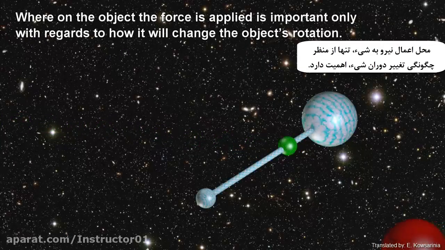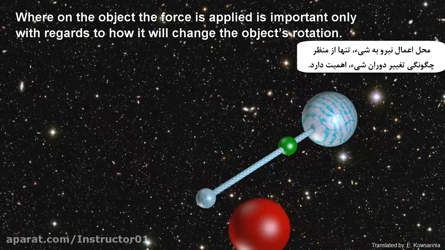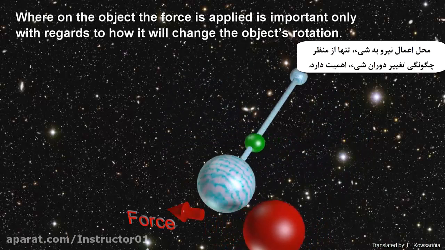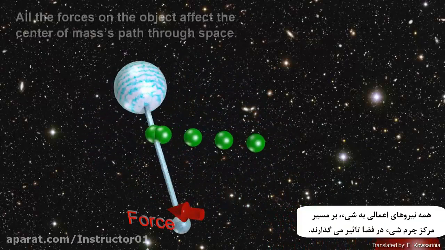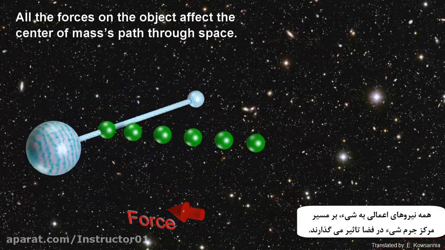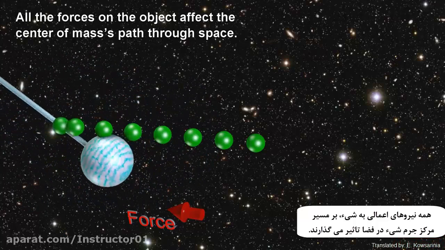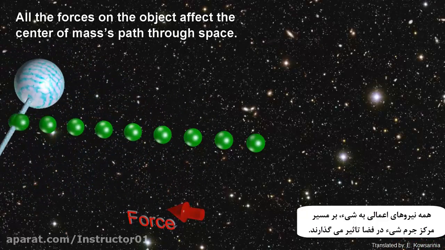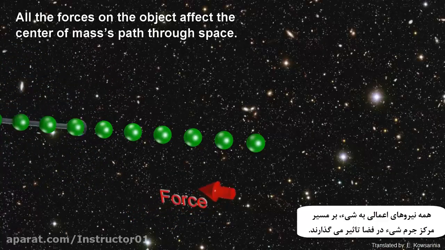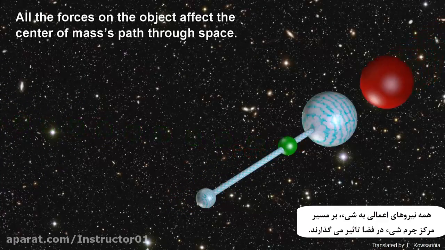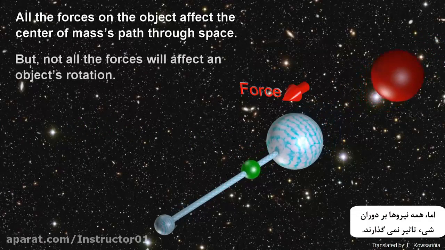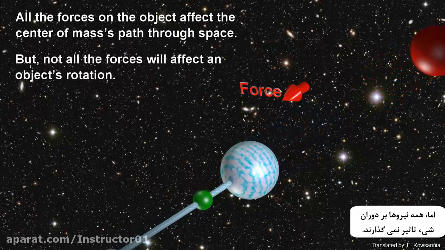Where on the object the force is applied is important only with regards to how it will change the object's rotation. All the forces on the object affect the center of mass's path through space, but not all the forces will affect an object's rotation.